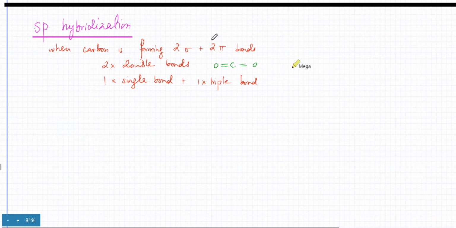So it's forming 2 sigma and 2 pi bonds. Or similarly, it could be an HCl molecule. You get the same scenario: carbon making one sigma bond and 2 pi bonds. So in simple words, you can state it as when carbon is only bonded to two atoms.